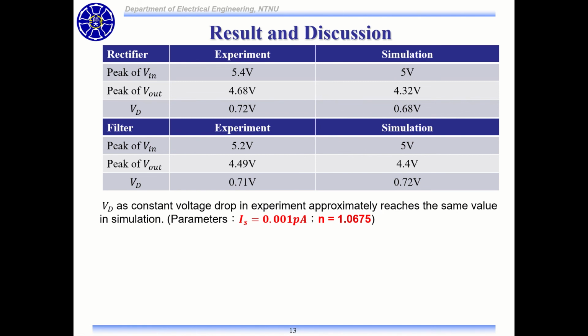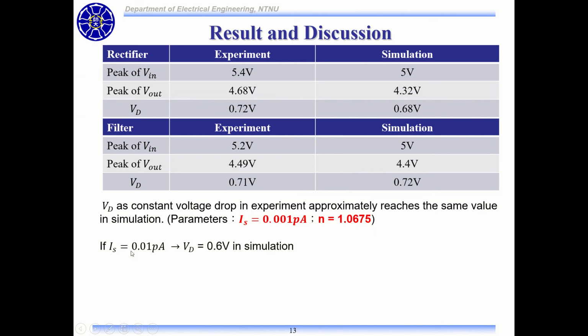And our parameters we simulate are IS equals 0.001 picoampere, and N equals 1.0675.